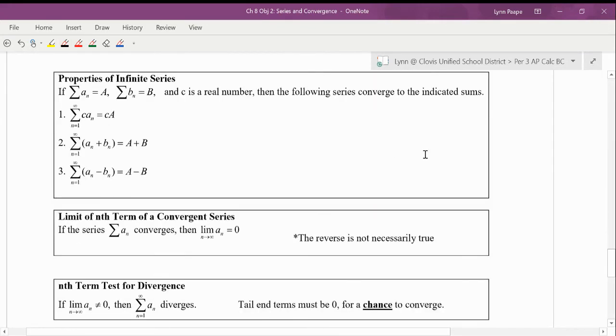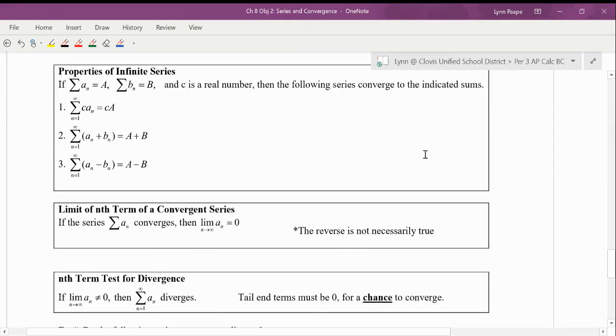All right, so let's take a look at one more idea here. So last one. So this one is, well, first just the properties. So this first component here, this is also a review off of Honors Math 2. So this is just giving you your basic properties of infinite series, similar to your limit ideas. So if you have one infinite series that converges and another one converges, maybe to a half and 2/3 or something like that, then properties are if I multiply by a coefficient, then the sum would be that same multiple.